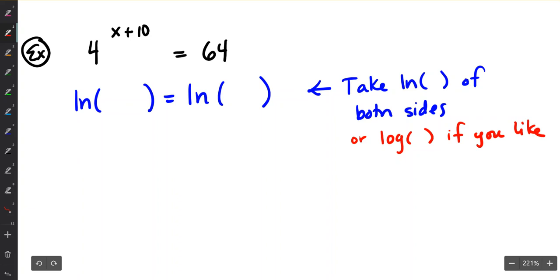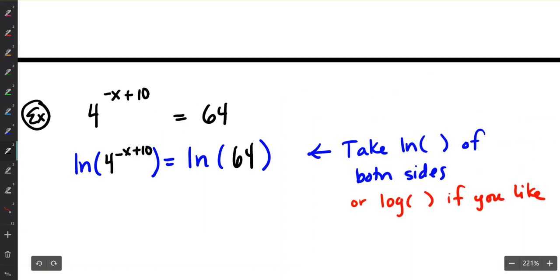If that's your preference, you're going to get the exact same answer. I'm just copying each side, right? We took the ln of both sides.